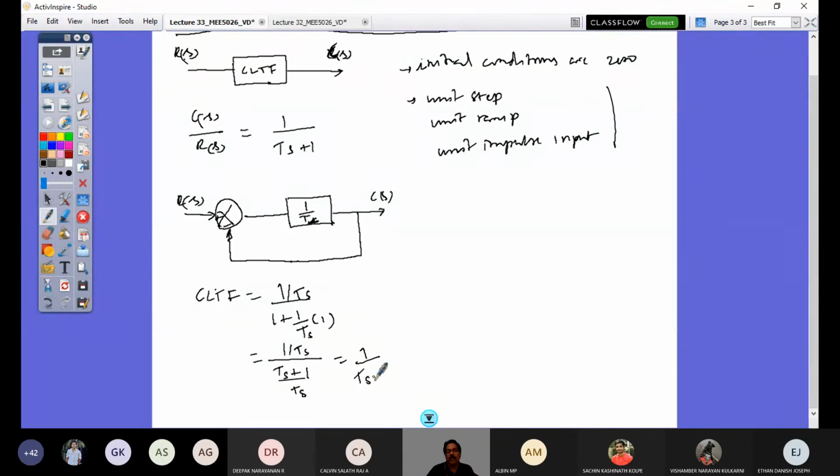This is my closed loop transfer function, and this is my simplified block representation of my transfer function.